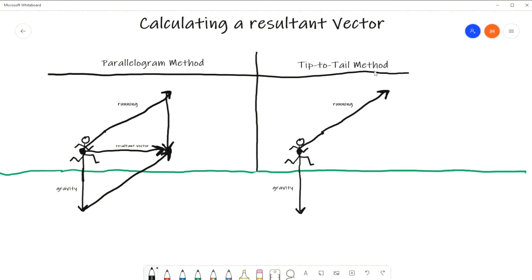The gravity vector will then start here, and it goes down 3 units: 1, 2, 3. You can see that the tip of the running vector has matched with the tail of the gravity vector. And where did I end up? Oh, who knew? 1, 2, 3, 4 units to the right. So my resultant vector is once again directly to the right, 4 units.